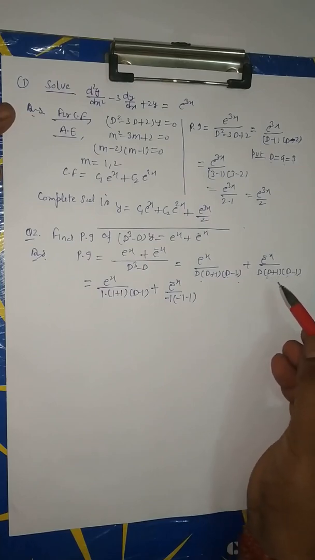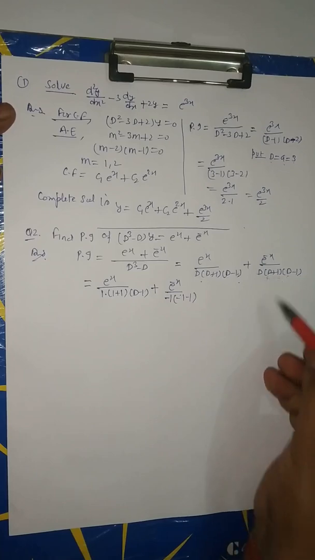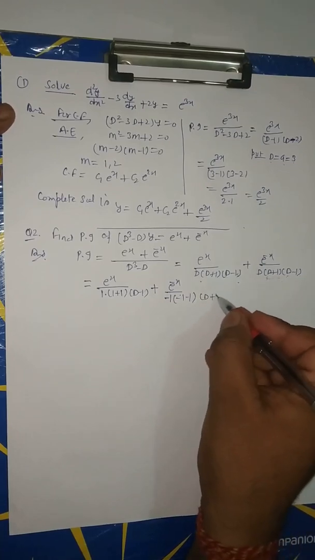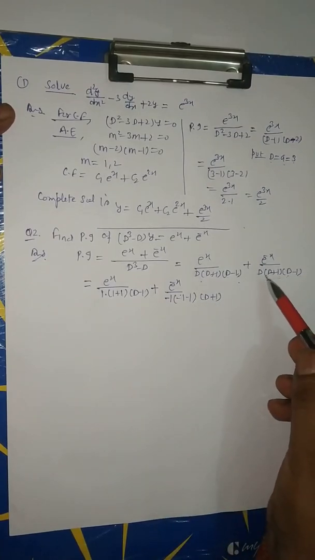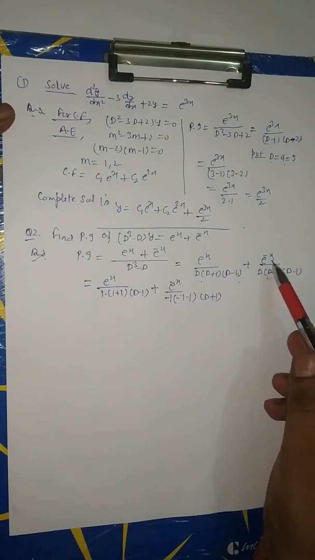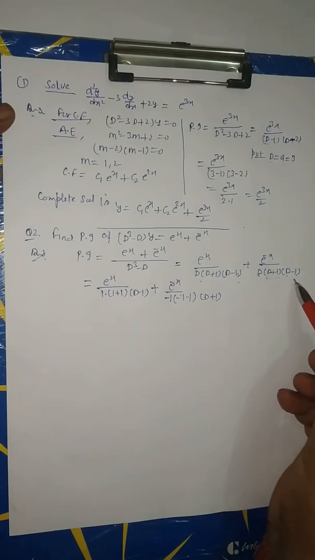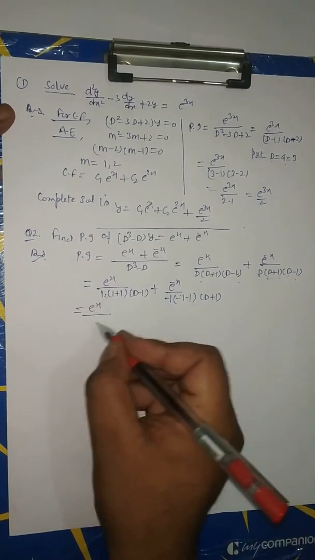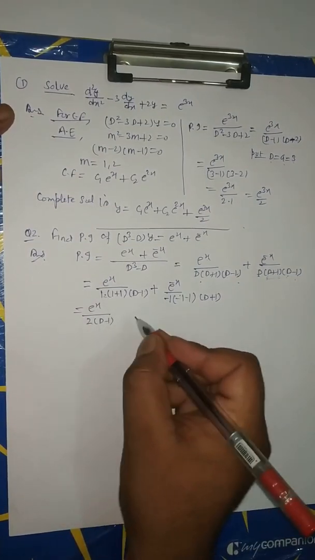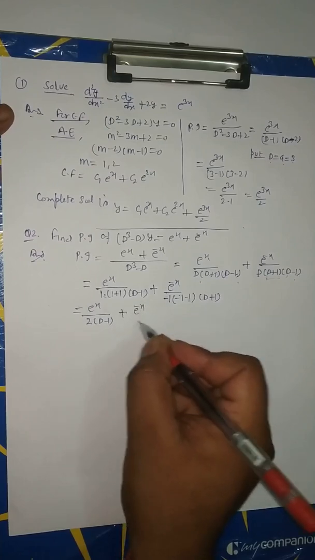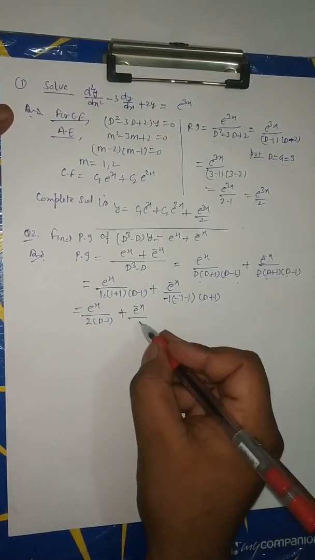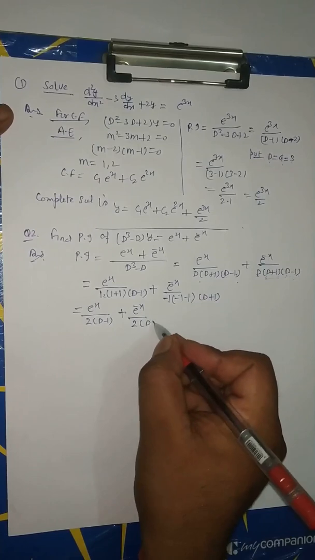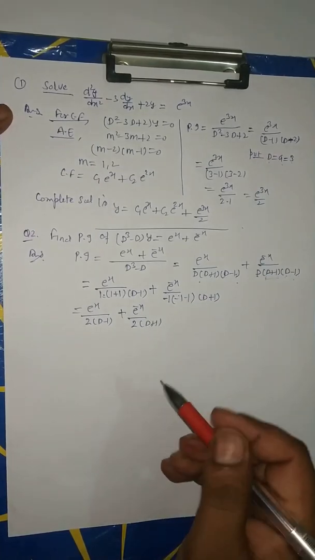It is not possible. So separate this, keep D plus 1 as it is, and put D equal to minus a in the remaining factors. Therefore e to the power x upon D minus 1 plus e to the power minus x upon D square plus 2D plus 1.